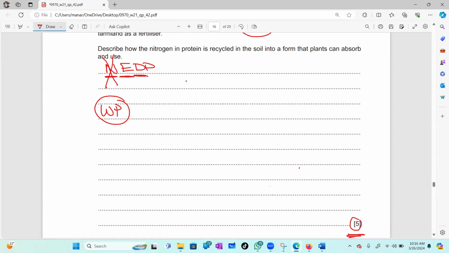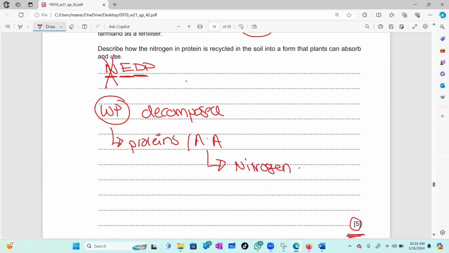Any waste products or any organism that will die will be decomposed by bacteria and fungi. When they are decomposed, these waste products will release proteins or amino acids. Our body contains proteins and amino acids. These amino acids will release nitrogen into the soil by the removal of the nitrogen containing part, which is deamination.